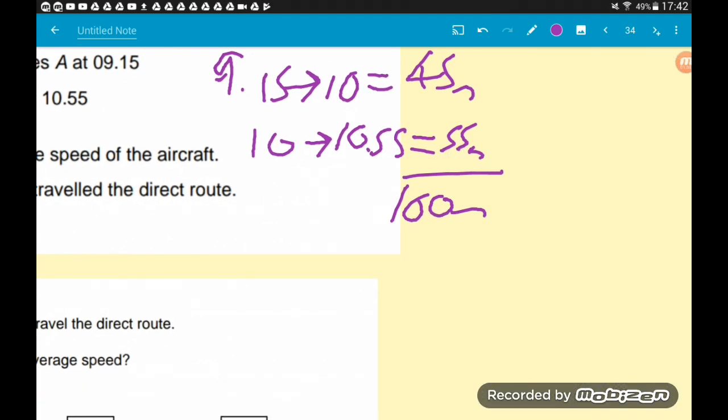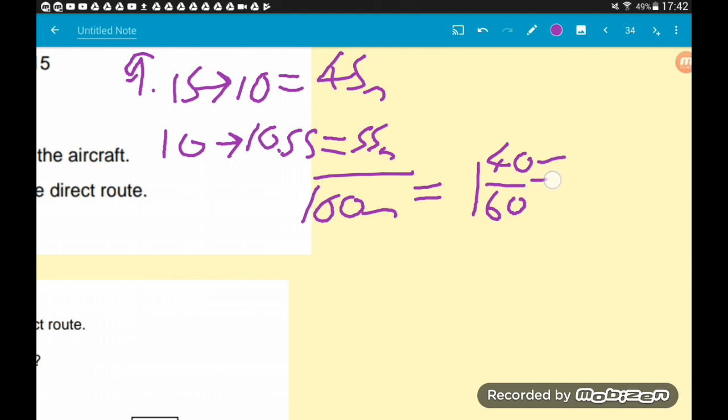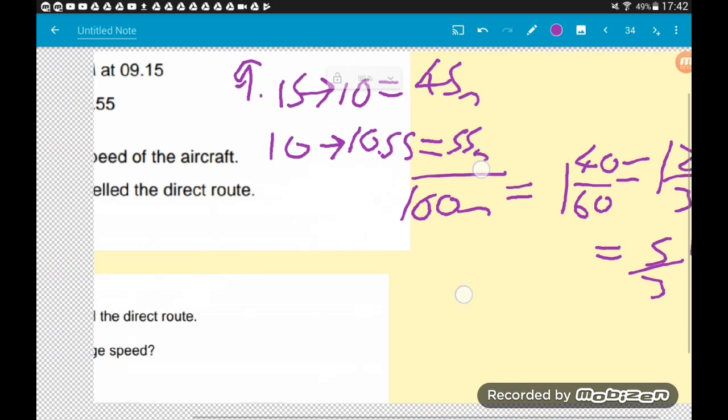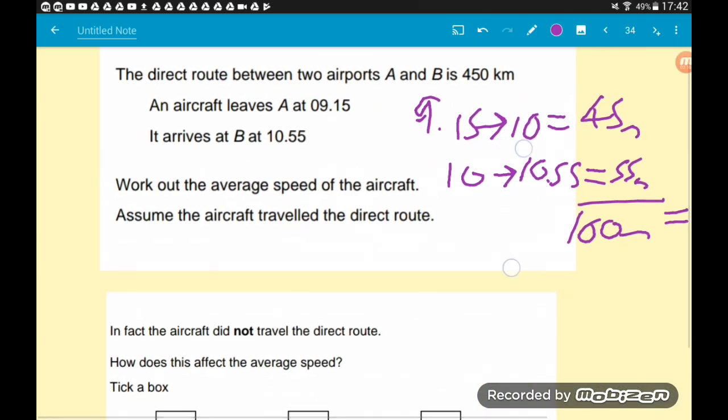So 100 minutes is 1 whole hour and 40 sixtieths, or that will simplify to 1 2/3 of an hour, which we could also write, and I think this is going to be the best form for us to write this in, as an improper fraction, which would be 5/3 of an hour.